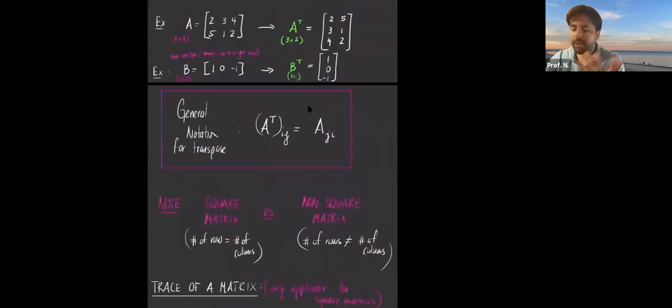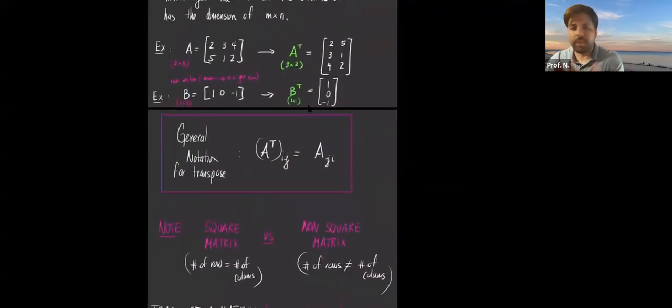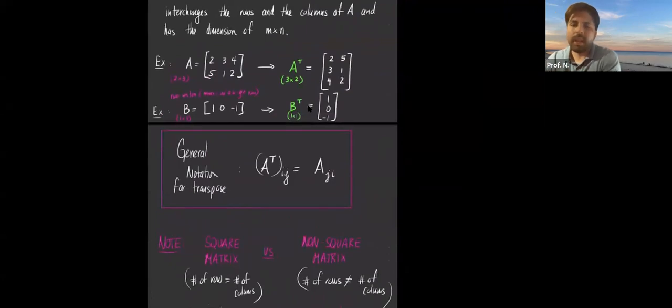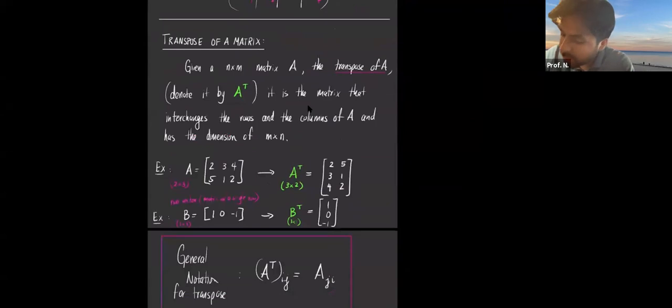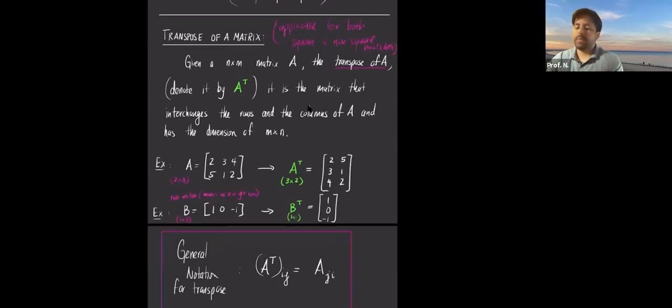So this is applicable for both square and non-square matrices. And the transpose just means you switch the rows and the columns. That's it.